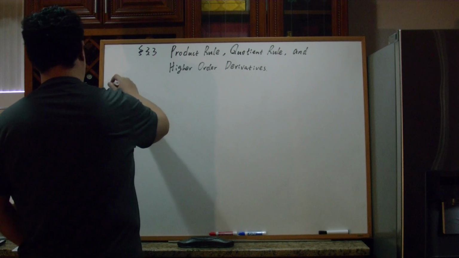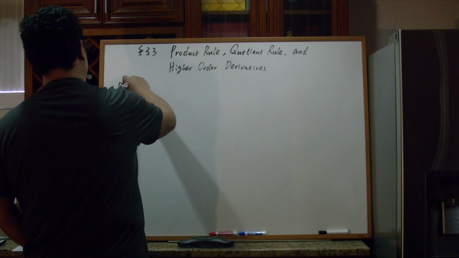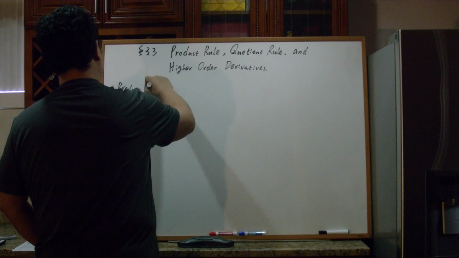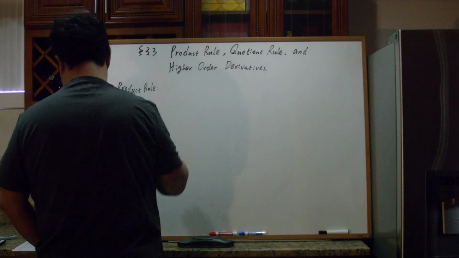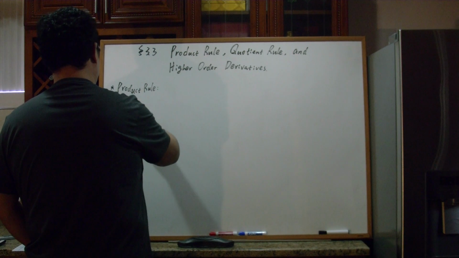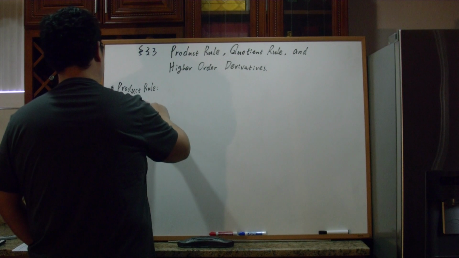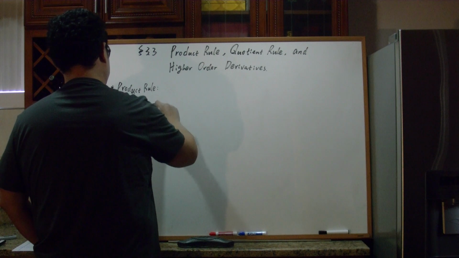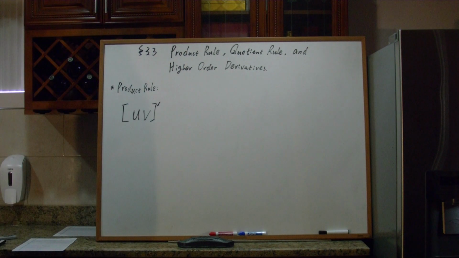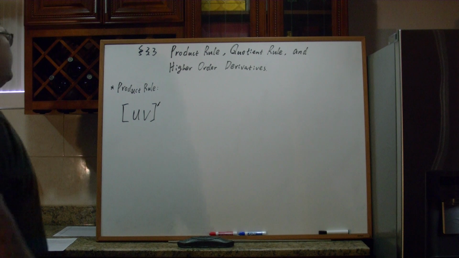For example, the product rule is taking the derivative of u times v, where u is a function of x and v is a function of x.